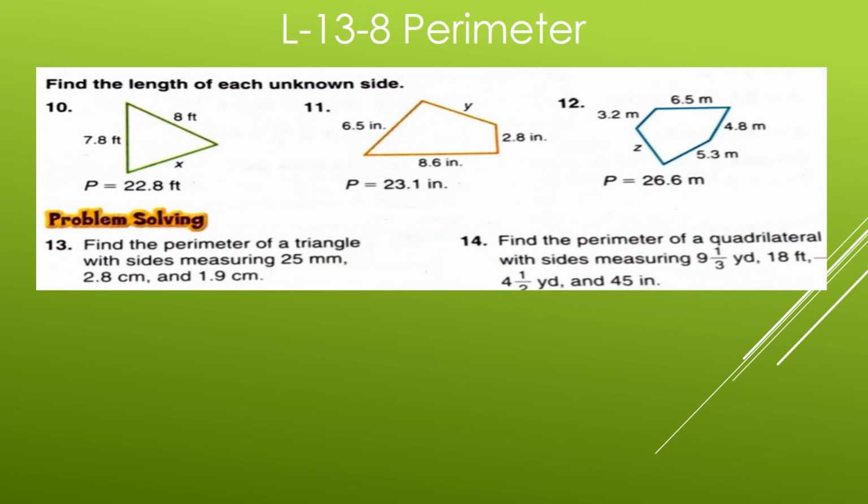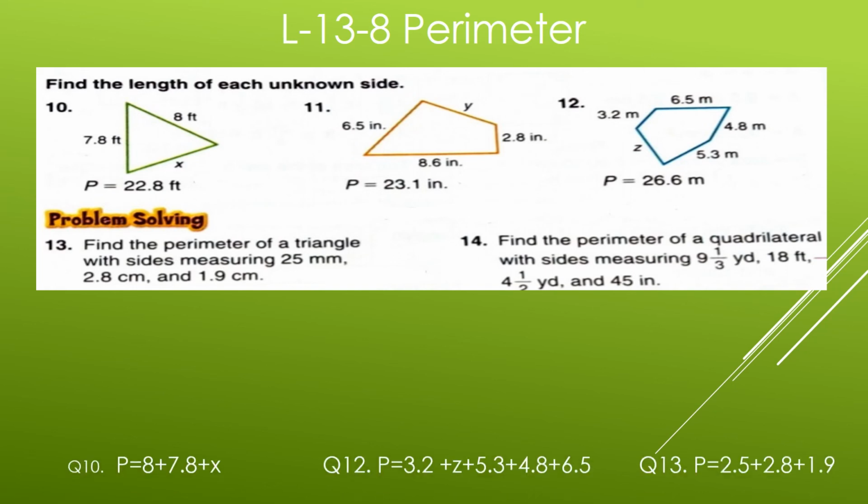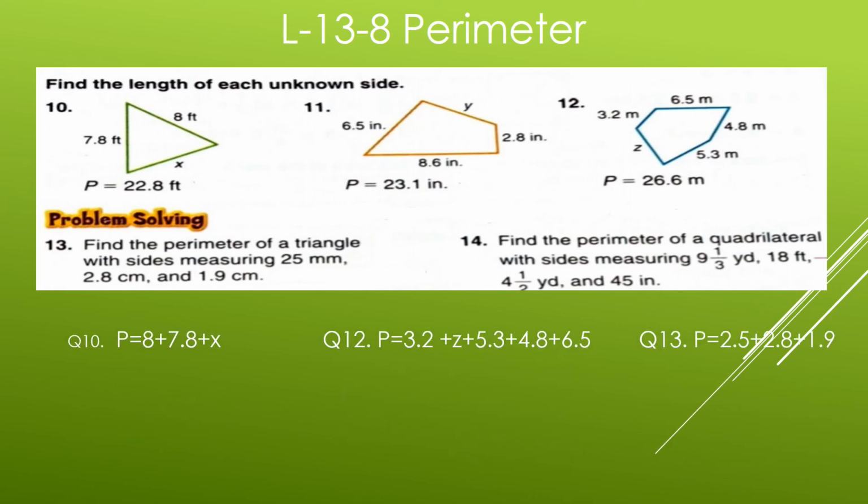Question number 10, 11 and 12. Find the length of each unknown side. In this one you learned before how to find, with the help of an equation. P is equal to 8, 7.8 and x. You can see in this equation.